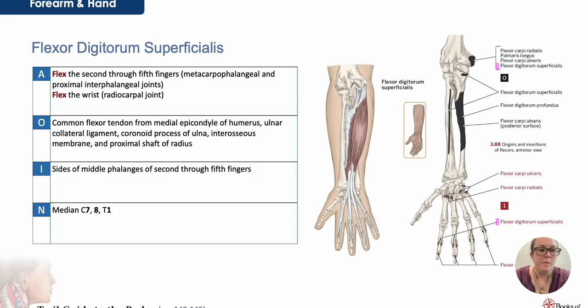Again, flexor digitorum superficialis flexes your digits. And if it flexes your digits, it crosses your wrist, so it's probably doing the same thing. You can either just do one, or you can do them both. What is that? Thriller.